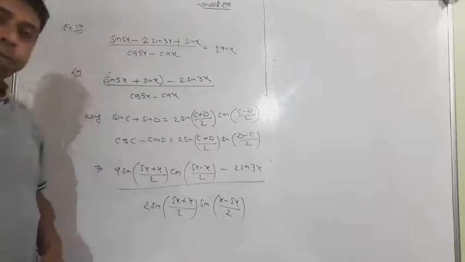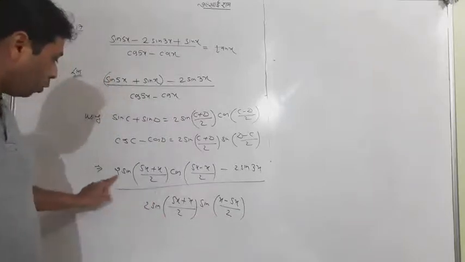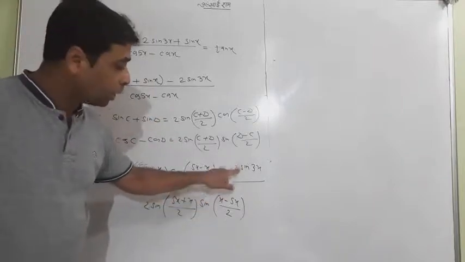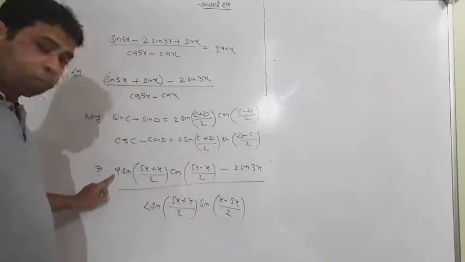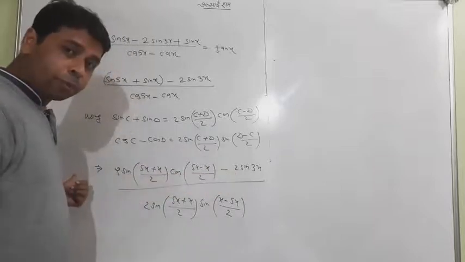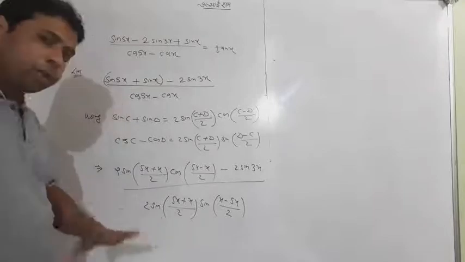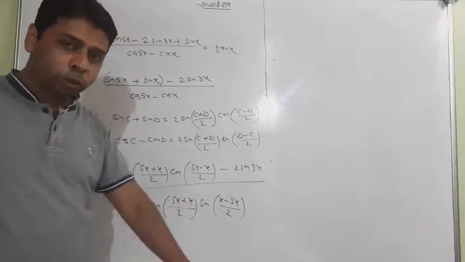Very interesting now, look at what will happen. The 2 and 2 do not cancel because of the minus sign. So the 2 will be taken common from the numerator and cancel with the denominator. I am not writing the 2 there.